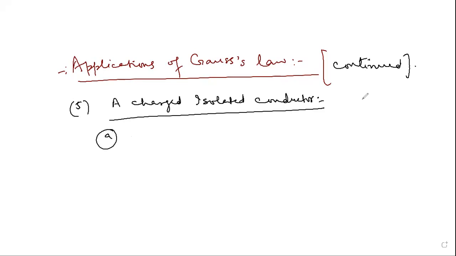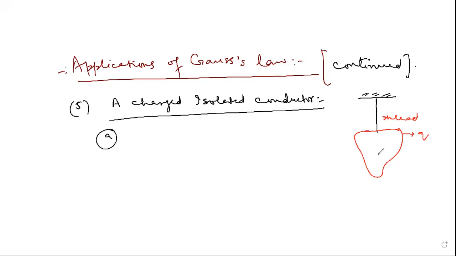So we said, if I have a lump of copper, which is shown in cross section in this diagram, and I charge it with some positive charge Q, we claim that this charge lies on the outer surface of the conductor.